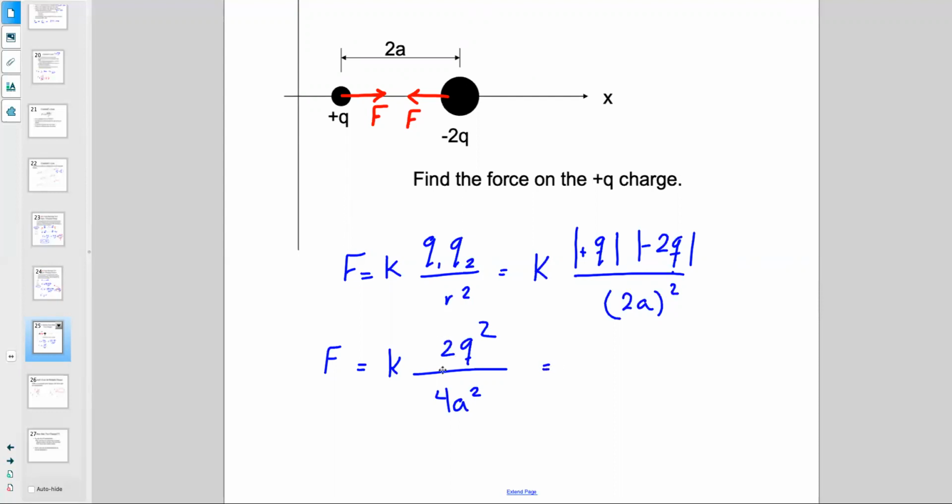Okay, so this 2 and this 4 will cancel. You'll have 1 over 2 k q squared over a squared. Or you can write it like that, if you want to spend time and write it cleaner, k q over a, all squared.